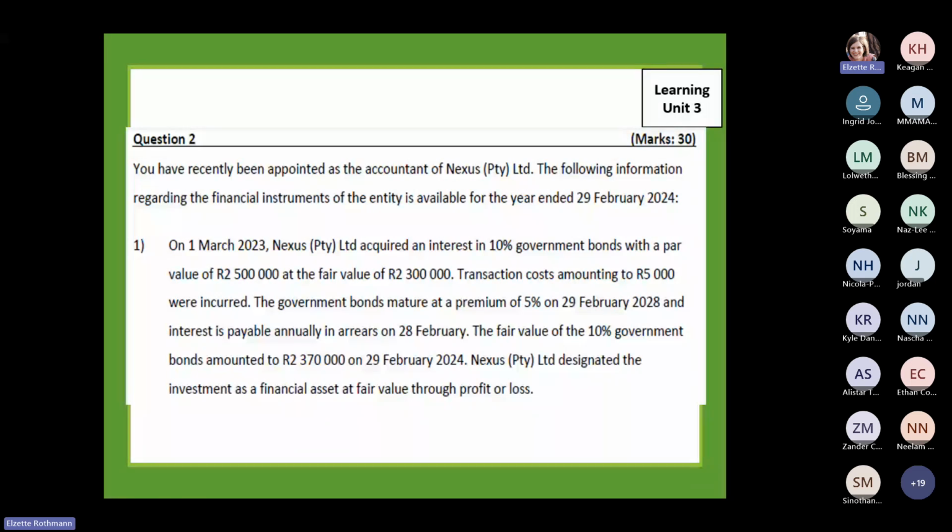But then they tell you that it will mature at a premium of 5%. So you take the 2.5 million plus 2.5 million times 5%. Okay, and then you calculate interest.